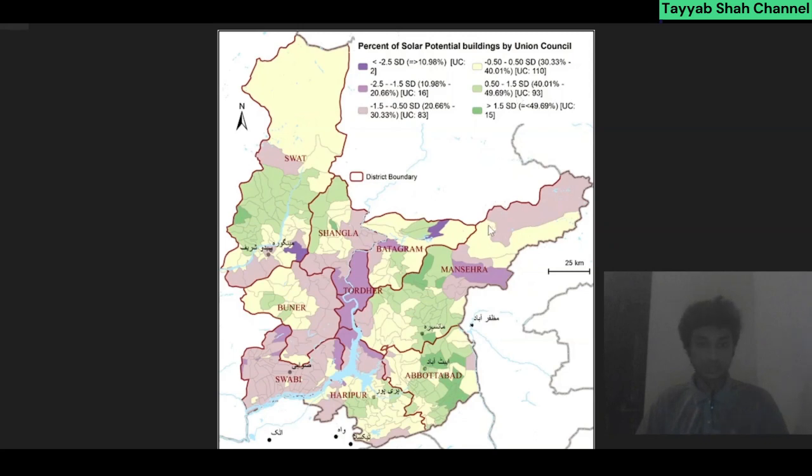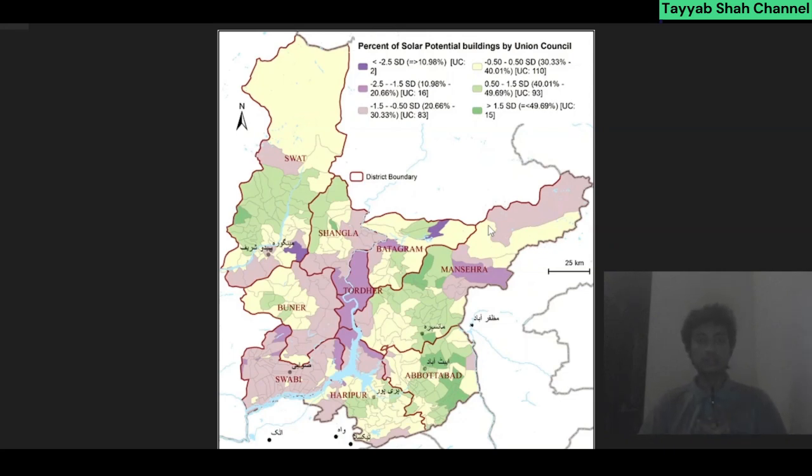So in this map, there's a clear spatial pattern of the dataset, presenting the values of suitable buildings in the union councils. These spatial patterns can be used for multiple purposes.